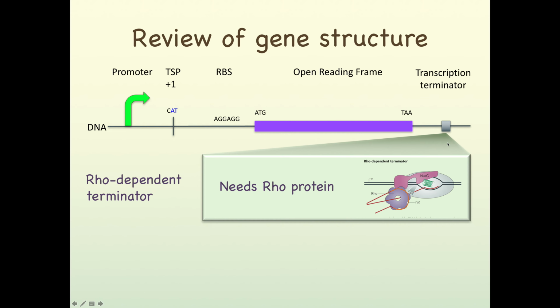So there are two types of terminators in bacteria and phages. One is dependent upon a protein called Rho, and so it's called Rho-dependent termination. I'm going to talk about this in more detail in a minute or two, but it essentially involves this protein called Rho, and it actually comes as a hexamer that forms around nascent RNA, or newly synthesized RNA, and it binds to this specific sequence in the RNA called RUT, or Rho utilization element.